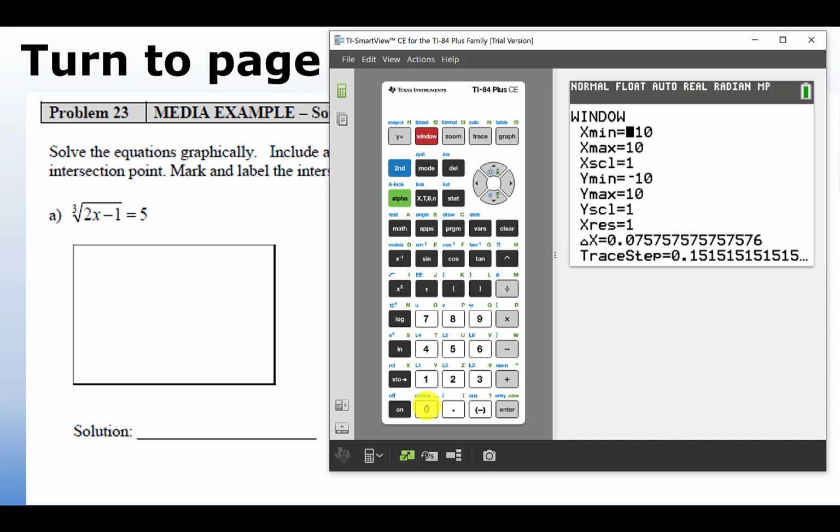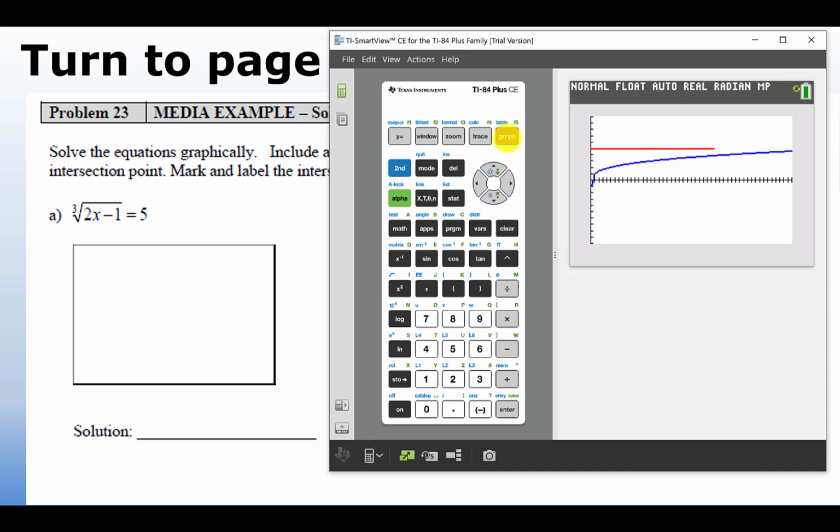So I'm going to start at 0 for my x. And let's go up to 50. And the y's, let's keep them there. See what happens. Oh! The graph comes in, but it doesn't look like it quite crossed yet.